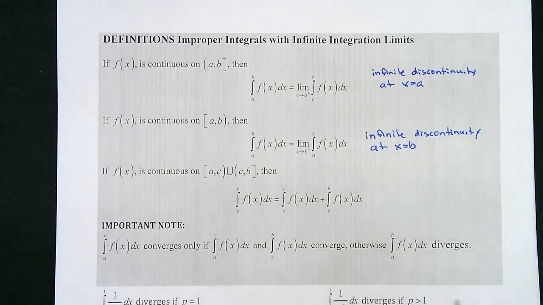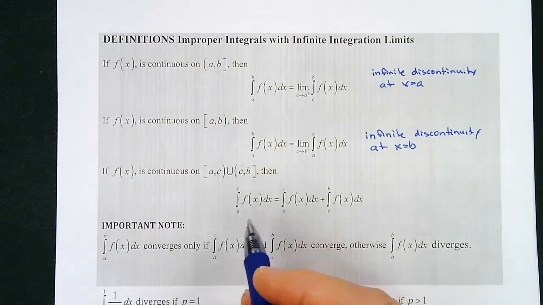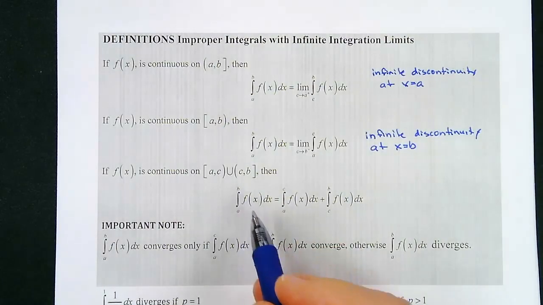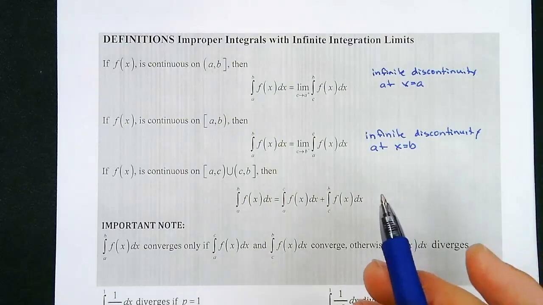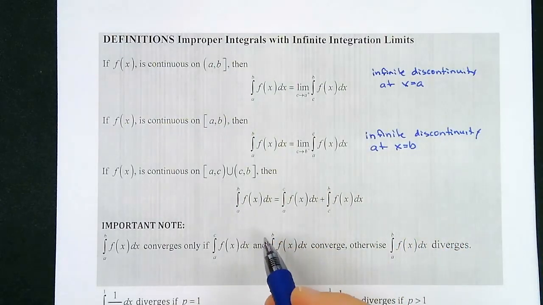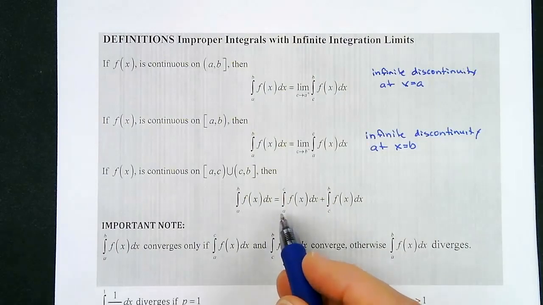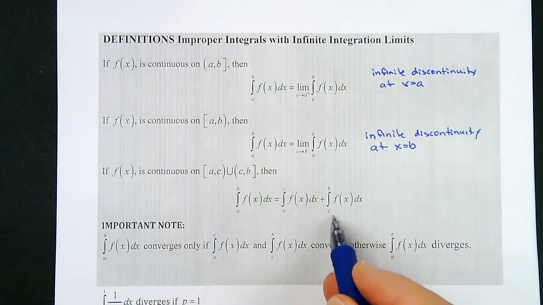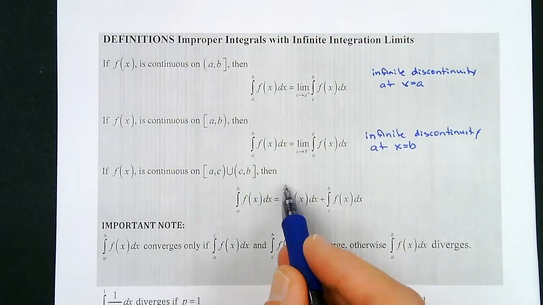Sometimes we want to integrate all the way across a vertical asymptote, and that's what this is. If we have from a to b and there's some infinite discontinuity in between a and b, then we have to break this up into two integrals: the integral from a to c, and then c to b. Whatever c is, that's where the infinite discontinuity is.